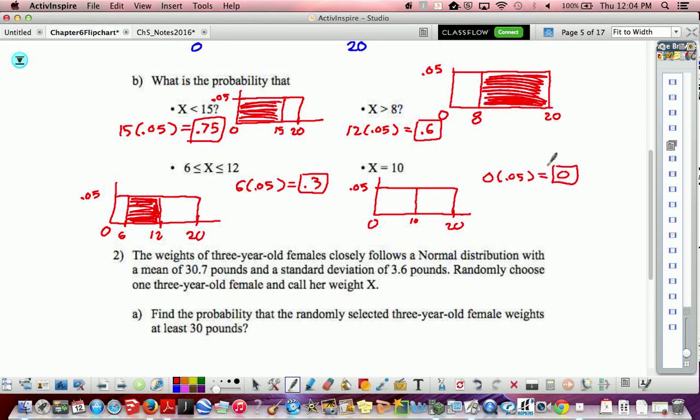It doesn't actually have a length for the base. So any exact number, okay, has a probability of 0. Can't calculate it out. All right. So let's give you one more example of a continuous random variable.